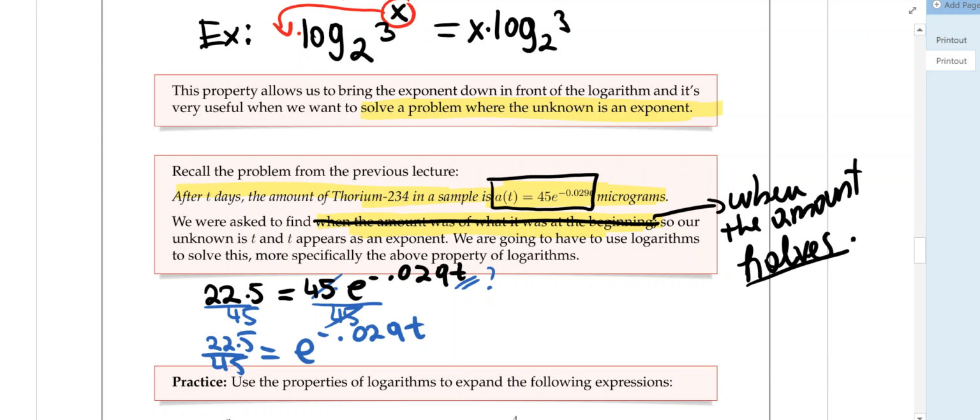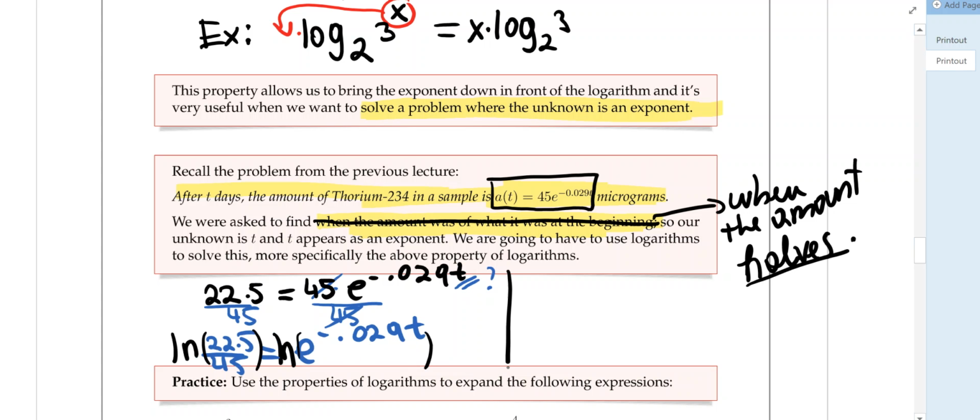Okay, so you can't just bring the exponent down. You have to apply the log with that base. So since the base of this exponential is e, the inverse function that is going to undo the exponential with base e is the ln. So what I'm going to do is apply ln on both sides. If I'm doing something to one side, I have to do it to the other.